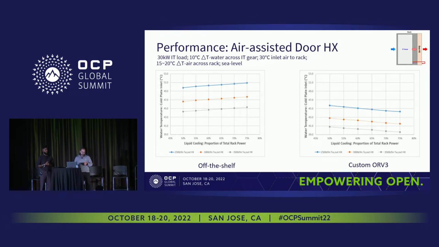And it's not important if the proportion of the total rack power going to the cold plates increases from 50% to 75%. The supply temperature increases only a couple of Kelvin. So it's not sensitive to this point. But if the rear door heat exchanger performance increases, you are able to decrease also the supply temperature of the water to the cold plates.